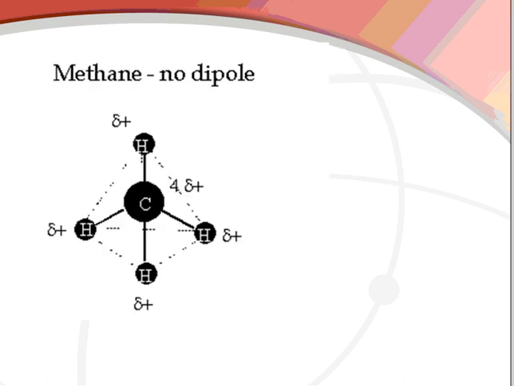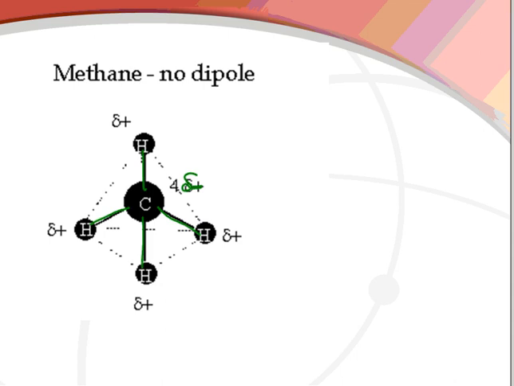Last example for today. Methane, again, has no net dipole. How come? Well, we do have some polar bonds here. The carbon-hydrogen bond is polar. Let me double check this because there's a mistake on this slide. Your carbon is a little bit more electronegative, so it's actually delta negative, so if you can change that in your notes.